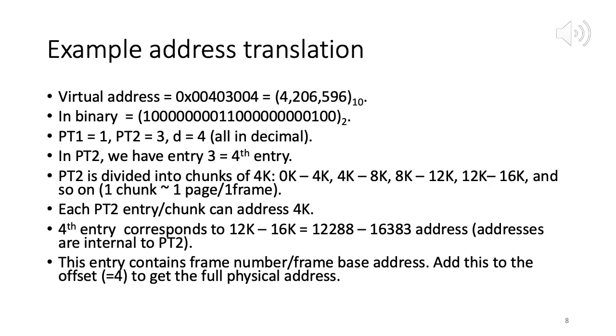Okay, so now I am on slide number 8, and now we do an example of how we can have address translation with this 2 level page table. So let's say the virtual address that is presented is, in hexadecimal, 00403004.